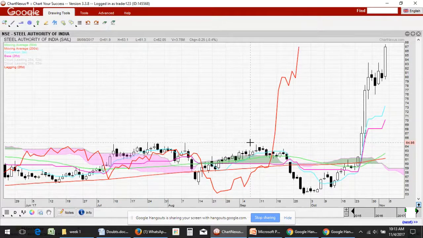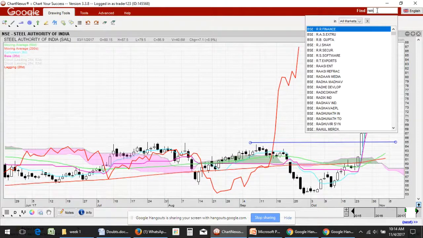Here's the point where the Chikou has broken out of your congestion area, and the candles have broken out of the Kumo. Everything in alignment. These are the things which you can take advantage of. Okay, it follows your Chikou breakout guidelines. So, nice move up after that breakout.